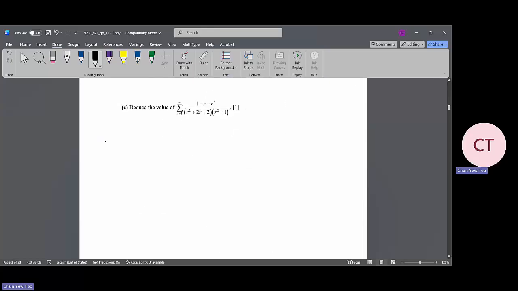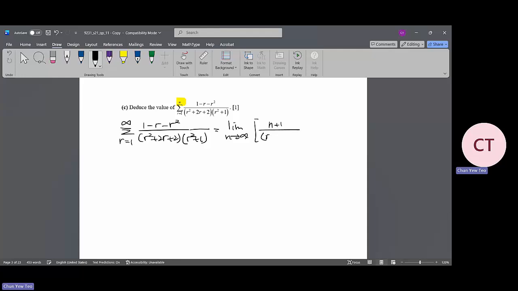Now we move on. We want to find the sum to infinity. So to find the sum to infinity, we just need to let the limit of n approach infinity, with the expression that we have found earlier in part B. So you can see that when n goes to infinity, this will be 0 minus half.